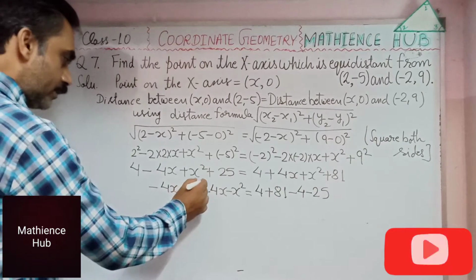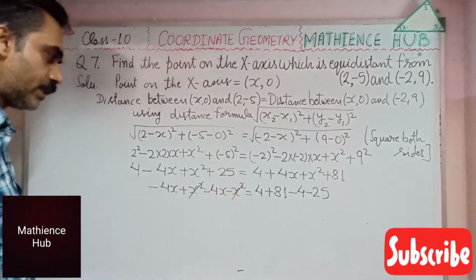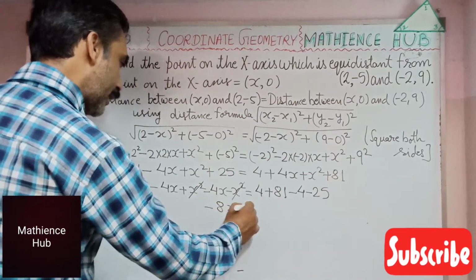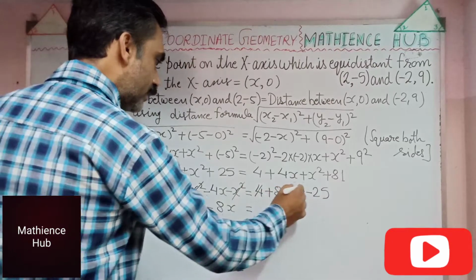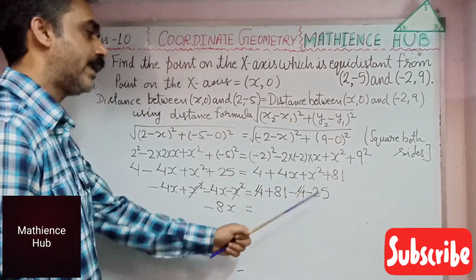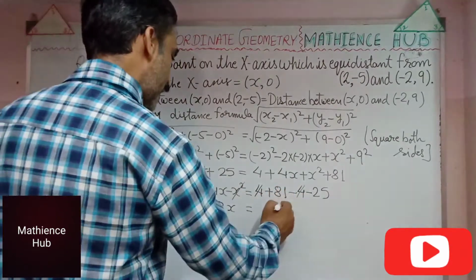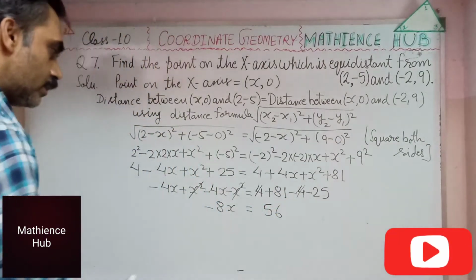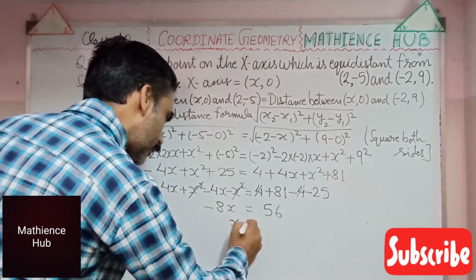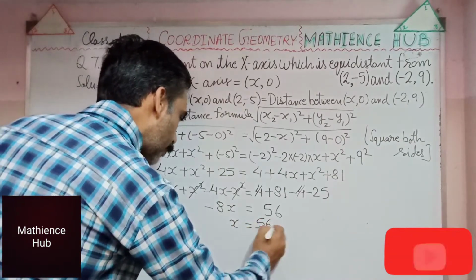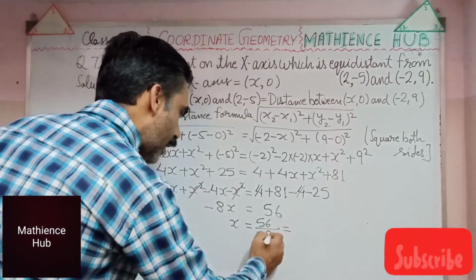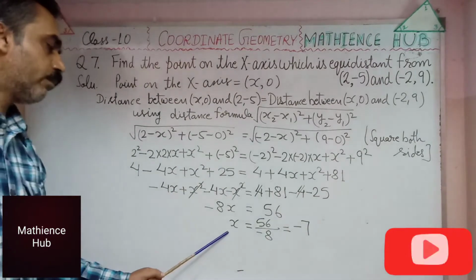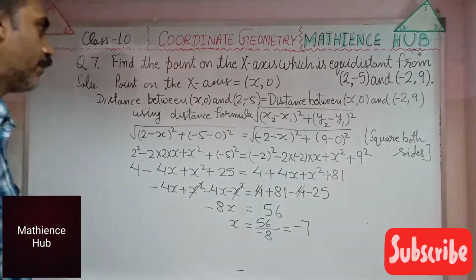Now you see x square minus x square is cancelled, minus 4x minus 4x is minus 8x, plus 4 minus 4 is cancelled, 81 minus 25 we get 56. So x equals 56 upon minus 8, dividing, 8 sevens are 56, minus. So the value of x is minus 7.